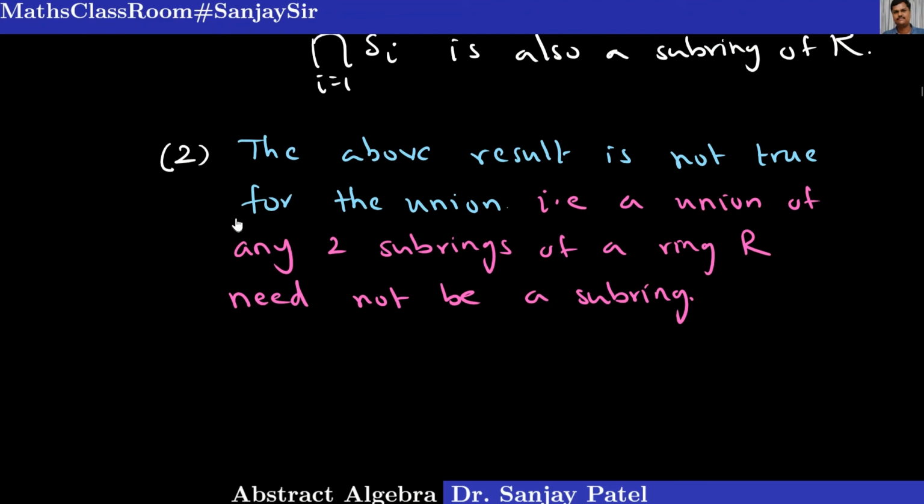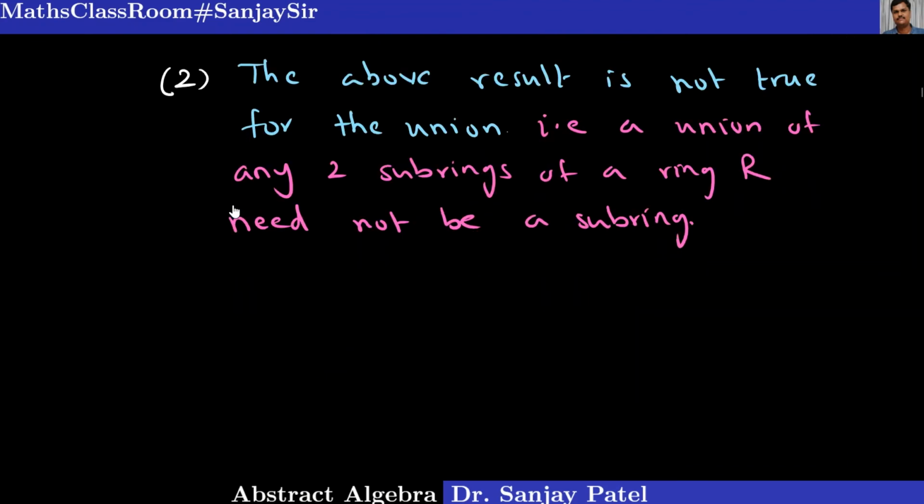And whenever we say something is not true in mathematics, we must provide some counterexample for this. And we already have that counterexample in our hand. In the beginning of this lecture, if you remember, we mentioned the ring R of integers, (Z, plus, dot). I will write like this. It is not proper, but still it is understood.